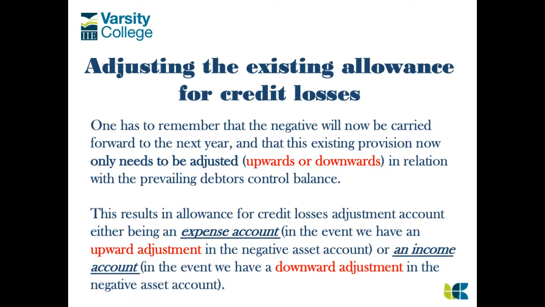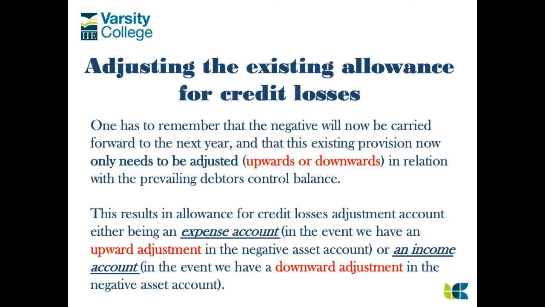So now when adjusting the provision, we say this expense that we thought is 500,000 is actually 250. Can you see, in order to reverse that expense, we actually now need to credit. So we're going to credit allowance for credit losses adjustment, okay? And in that instance, it's actually seen as an income.